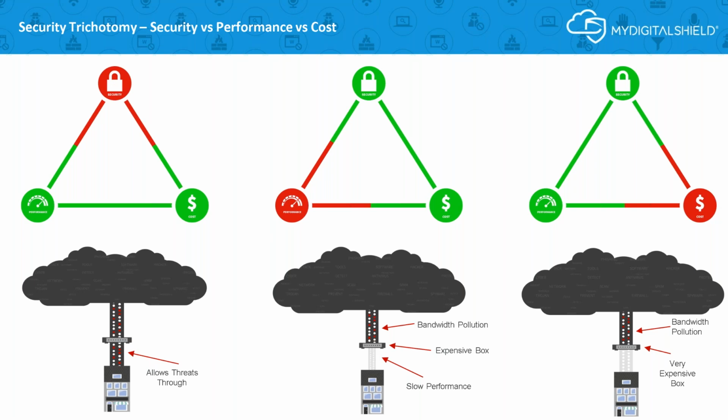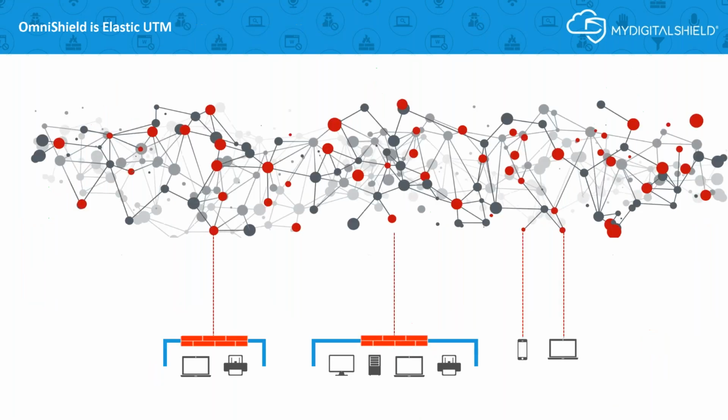The other important thing is if you're doing UTM in a box, you're doing all the blocking and everything down here at the location after your bandwidth's been polluted, after everything's gone through that pipe. So think of this as the internet. There's bad stuff, there's good stuff. And if you're blocking all this stuff over here and you have a 100 meg pipe, well, there's a lot of stuff going on before you can even see it and prevent it.